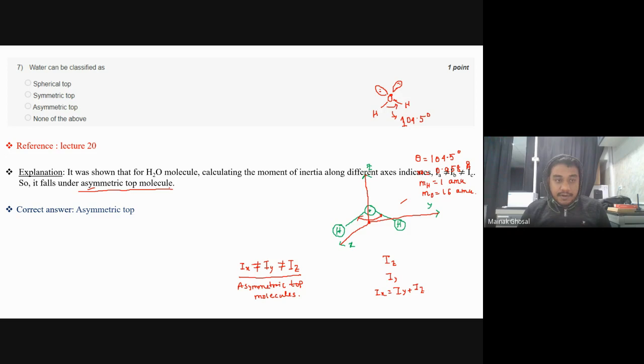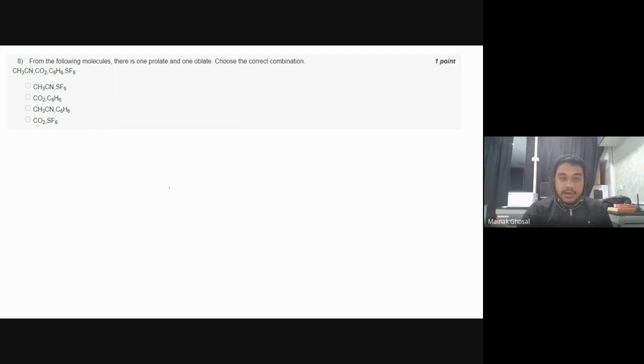Here, water is an example of an asymmetric top molecule for which the moments of inertia along different axes are all different. So I am moving to the next question. The next question is, there is one prolate, one oblate. We have to find which is the correct combination.